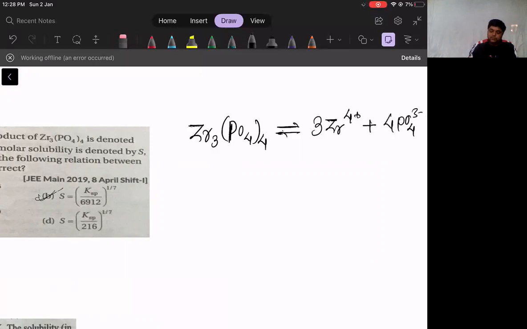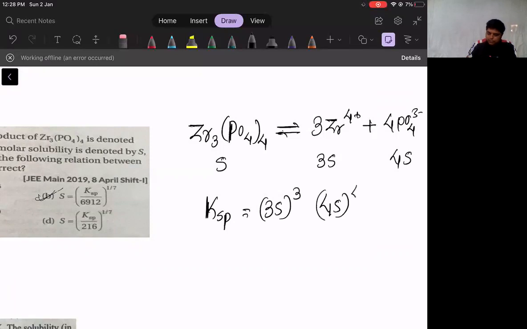Like this. So if its solubility is S, then the zirconium ion concentration is 3S and the phosphate ion concentration is 4S. So if we write the KSP here, the KSP will be (3S) raised to power 3 times (4S) raised to power 4. So this is 27S cubed, and 4 fours are 256S raised to power 4.